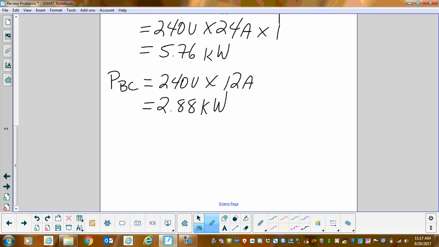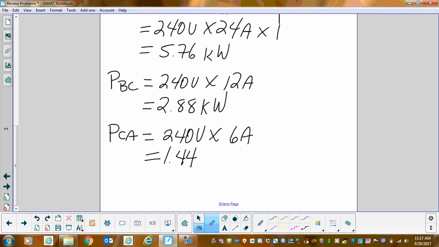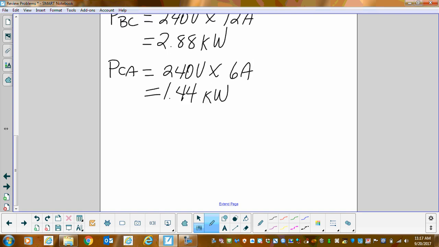And on power CA, 240 volts times 6 amps, which is 1.44 kilowatts. Now, power total.